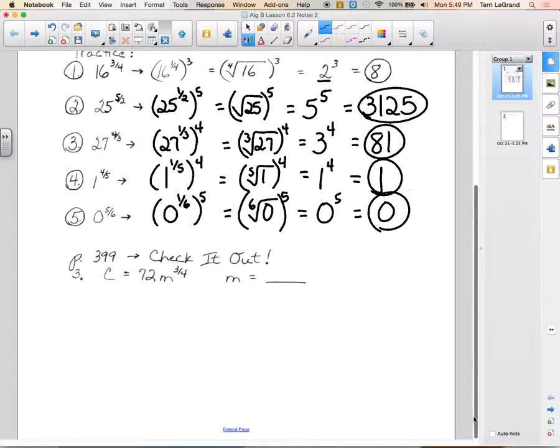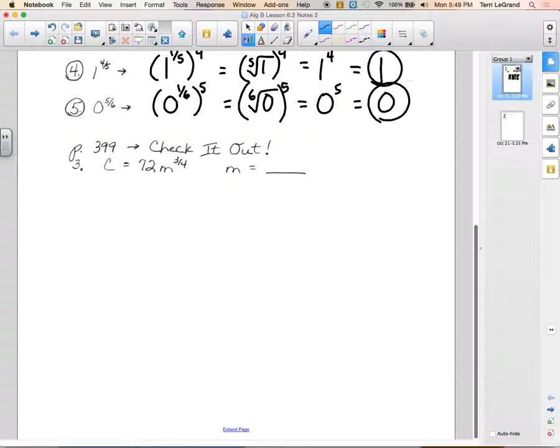So the dog needs 576 calories per day to maintain health. Okay, we're doing the panda. Find the number of calories that an 81 kilogram panda needs each day. So m, remember, is how much it weighs, the mass. So our m is 81. So we'll substitute that into our equation. C equals 72 times 81 to the 3/4 power.